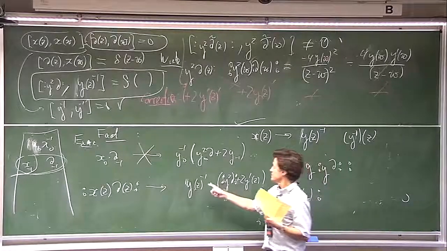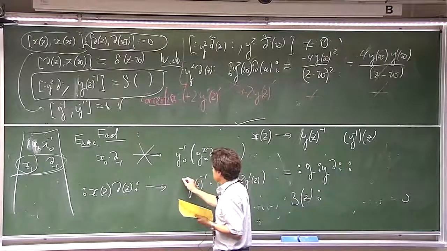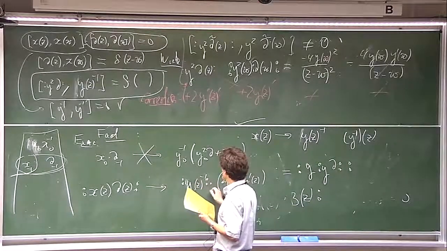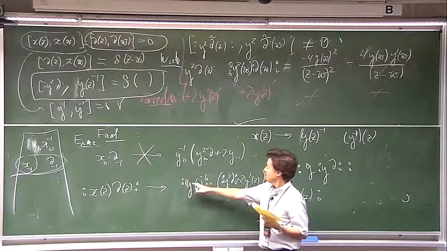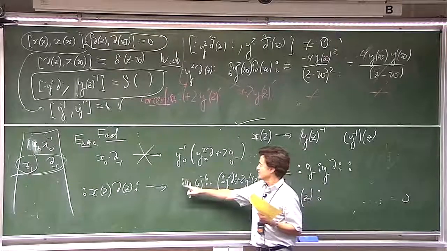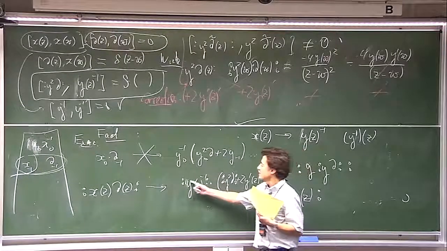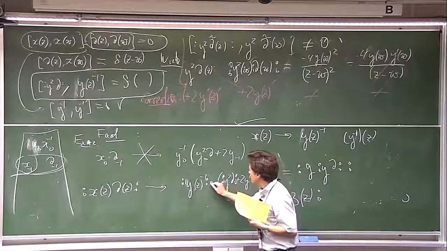I'm just trying to make a connection to a more standard computation: you start with this field and then you multiply this whole thing.